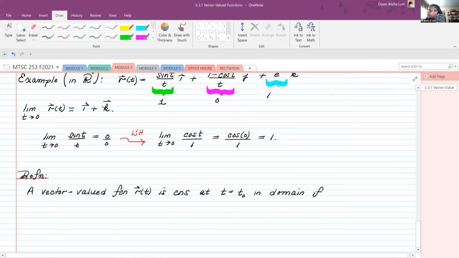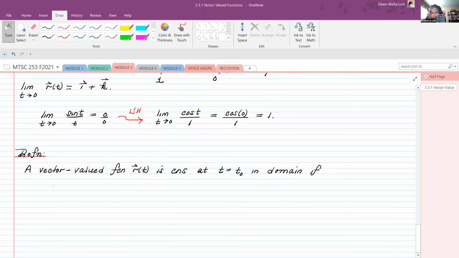So the first thing is the continuity test. 1, r of t naught is defined. 2, the limit as t approaches t naught of r of t exists.